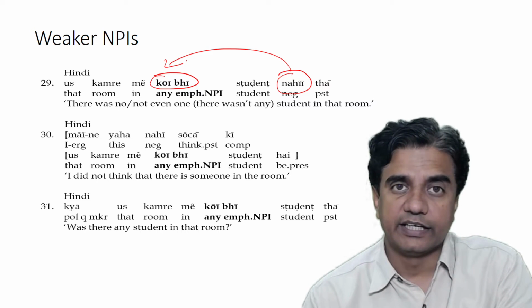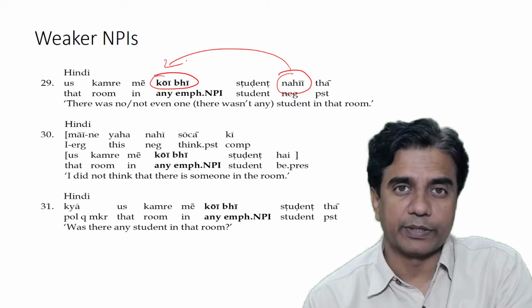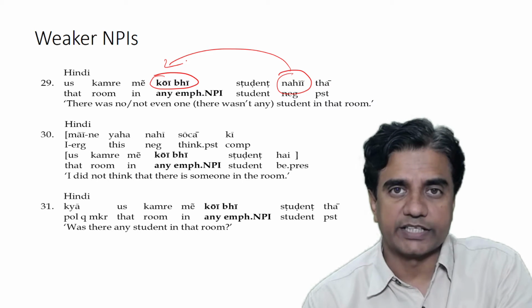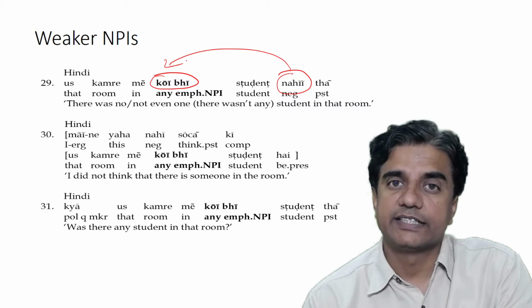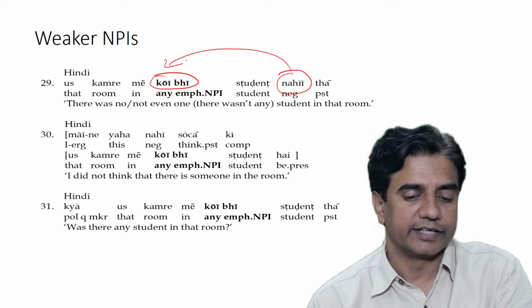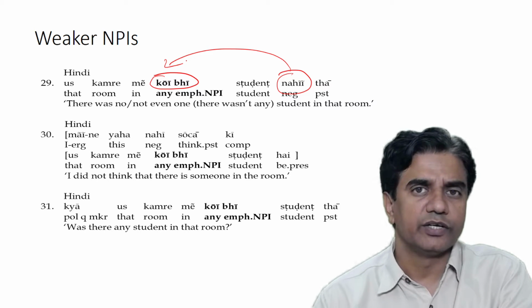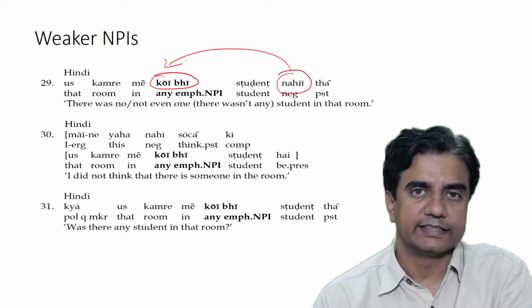Negation licenses a negative polarity item when both of them coexist in the same clause, and negation c-commands the negative polarity item. There is absolutely no difficulty in this sentence.